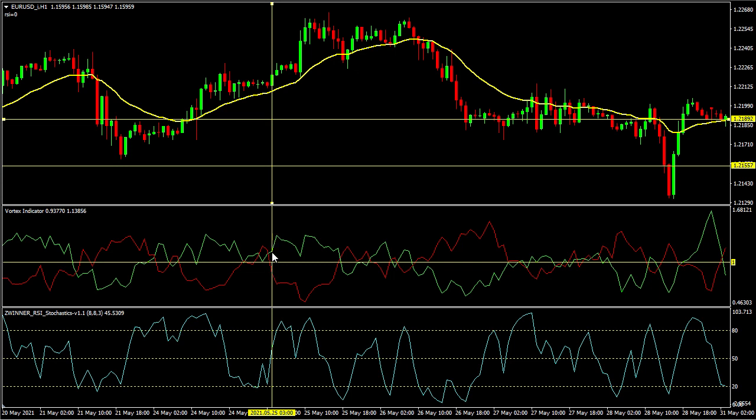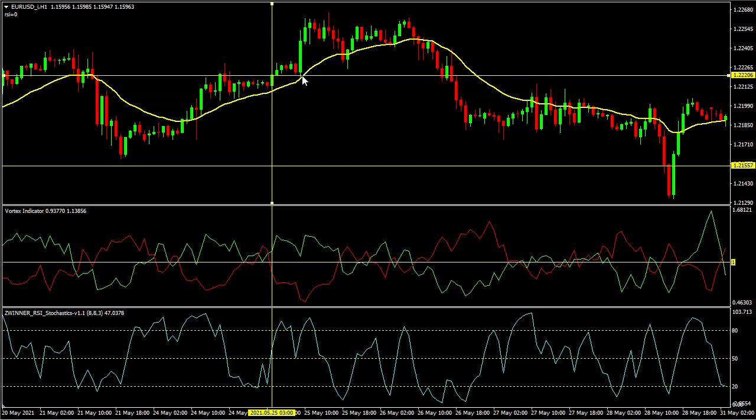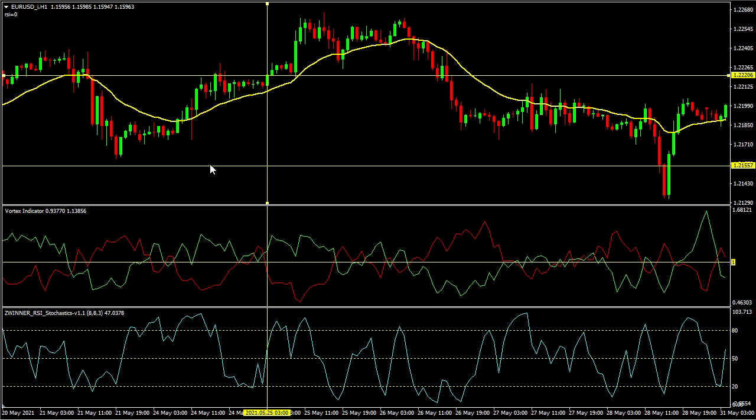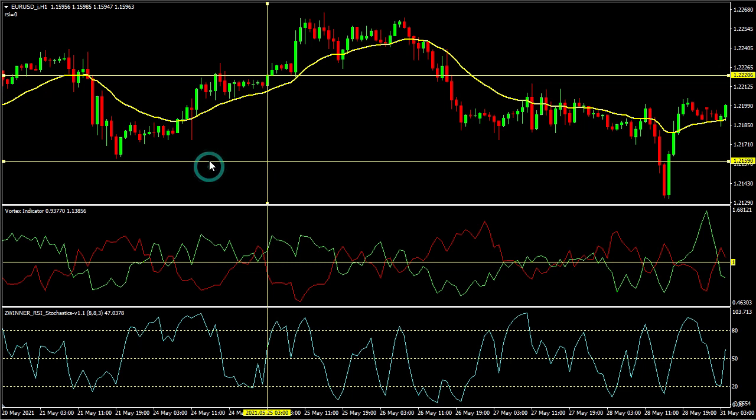Okay, here you're getting a buy signal, and here is also a buy signal, and this is going up above the 21 moving average, and this is where you buy, and then you put your stop loss. Where are you going to put it? This is the most recent low, so you're going to put it here.